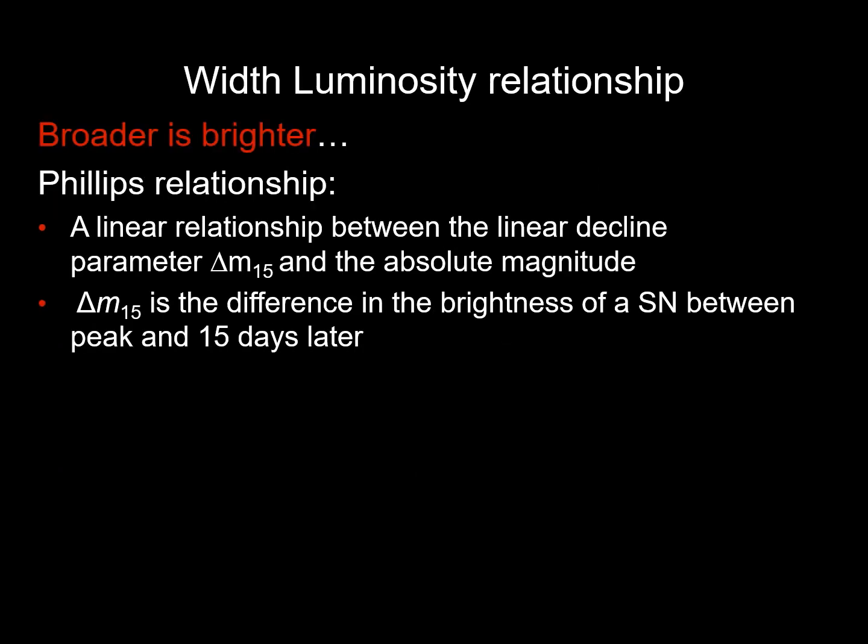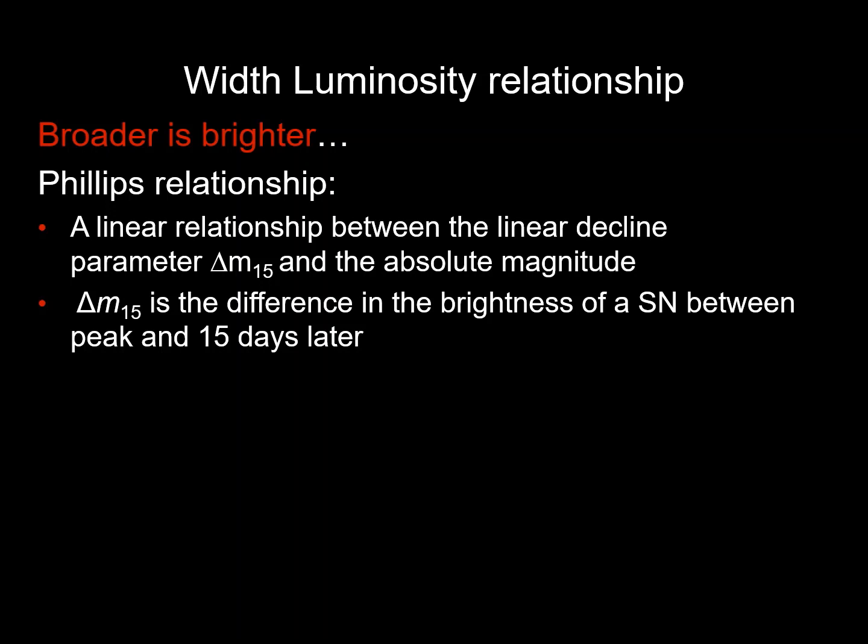From different light curves of type 1a supernovae, it has been found that there is a relationship between the luminosity and width of the curve. It has been observed that the absolute magnitude is related to the width of the light curve. The broader the light curve, the brighter the supernova is. This relationship was found by Phillips in 1993.